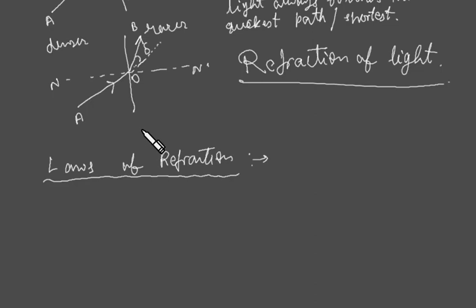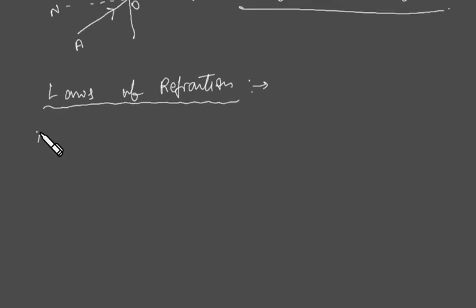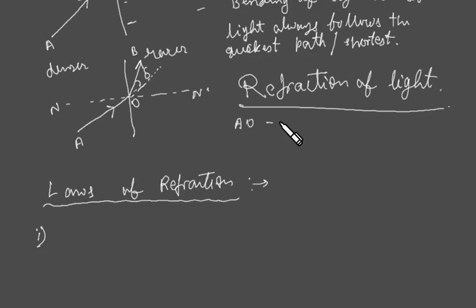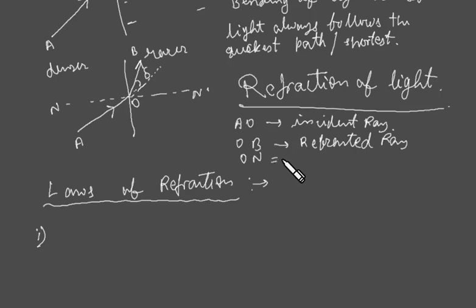In case of refraction, light also follows two laws, of which number one is the easiest one, which says that, let's say in this case, AO is the incident ray, OB is the refracted ray, and NN prime is a normal drawn on the surface of separation between the two media.